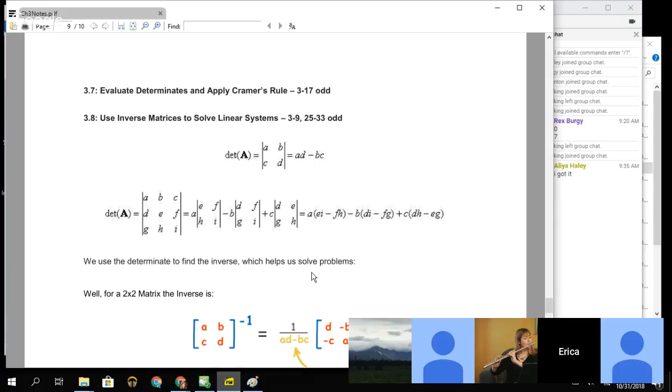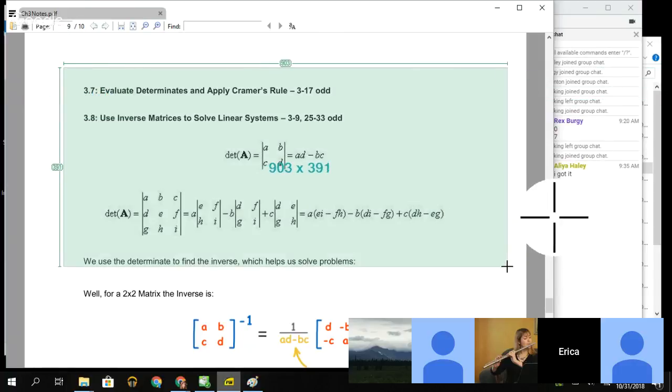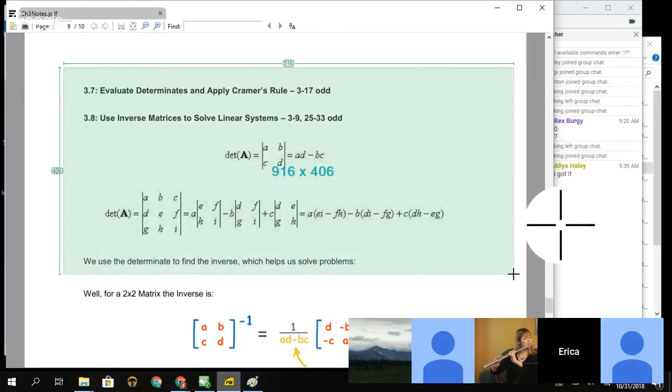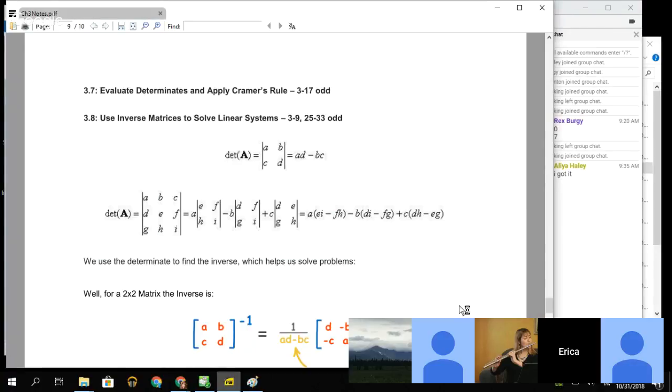Okay. All right. So the determinant of a matrix is kind of written out here. I'm only going to have you do determinants of a matrix by hand for 2 by 2 matrices. The first thing to note is that you can only find the determinant of a matrix if it's a square matrix. What do you think a square matrix means?